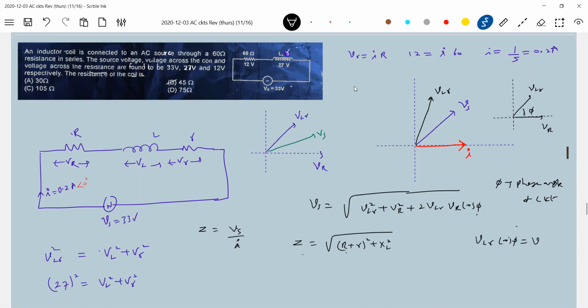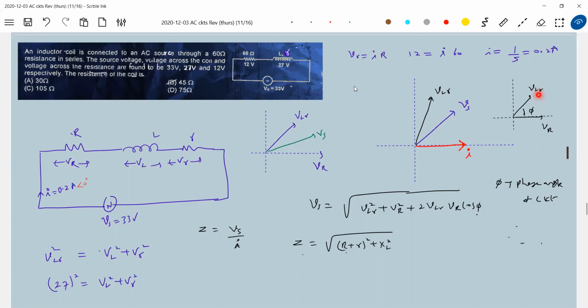I think VLR cos phi should be equal to V capital R, no? You mean to say this one, no? Phi is the angle between V capital R and VLR, sir. Yes, sir. From there, that we calculated from this vector addition formula, sir.